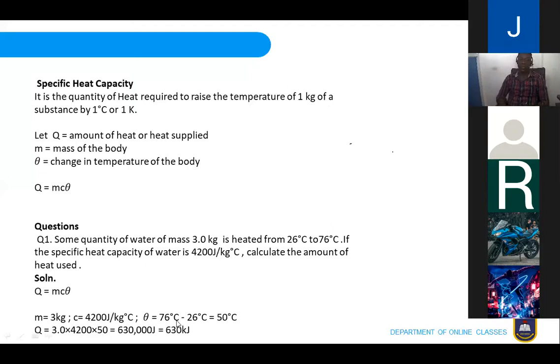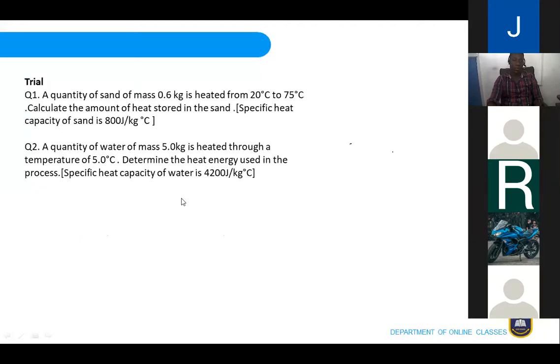Are you guys done with the formula writing? When you are done, you have about 10 minutes. So write down this question and solve.